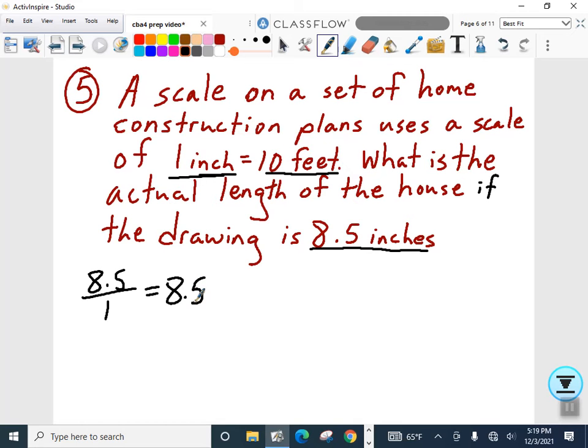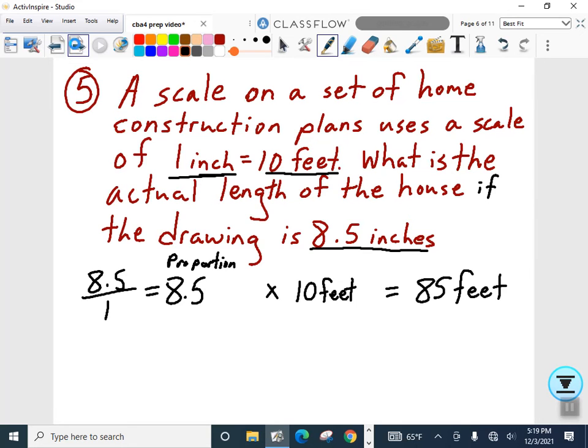You can then take this proportion and you can multiply the proportion times 10 feet. And that's going to give you an actual distance or an actual length of 85 feet.